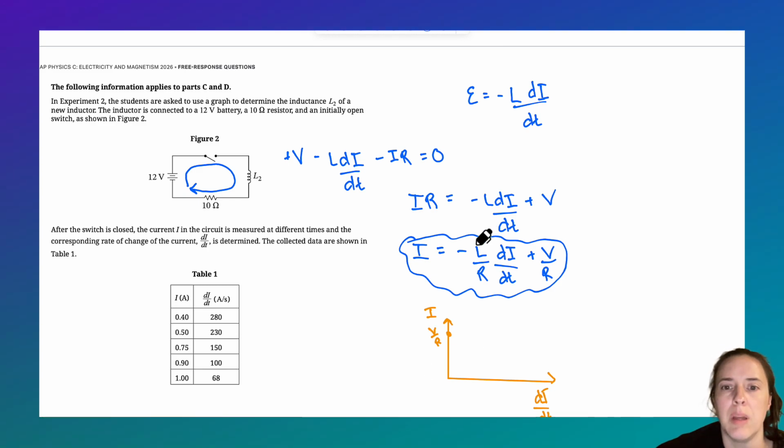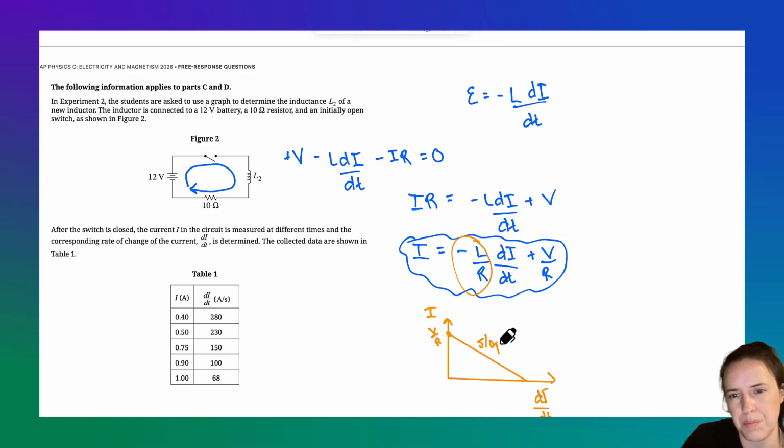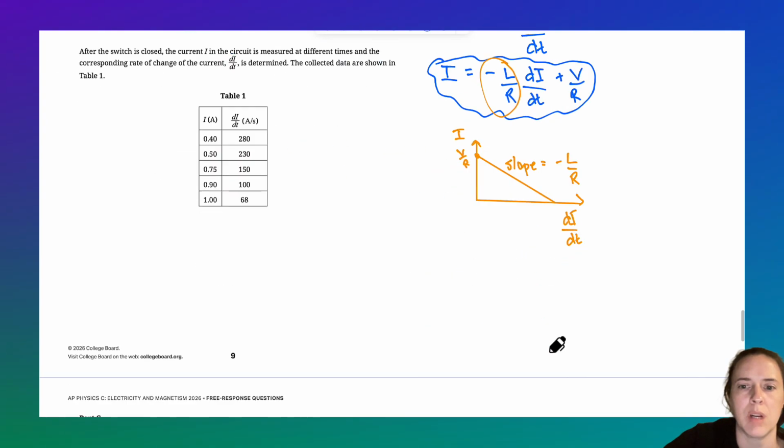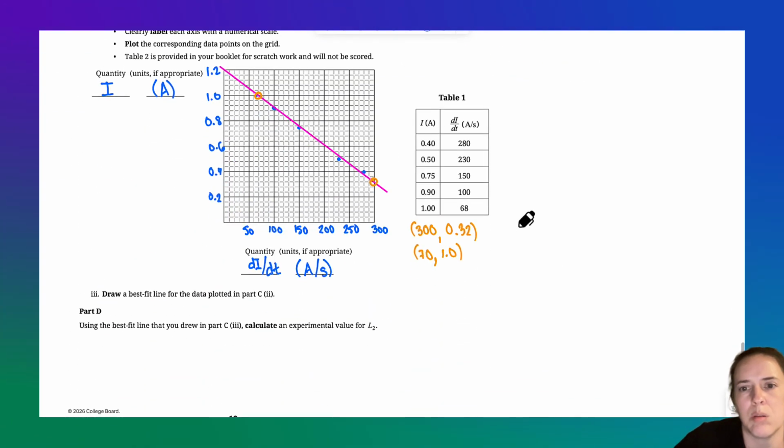Nice. And then my slope is going to be negative L over R. Slope equals negative L over R. Cool. So I'm going to write that down over here. Slope equals negative L over R.